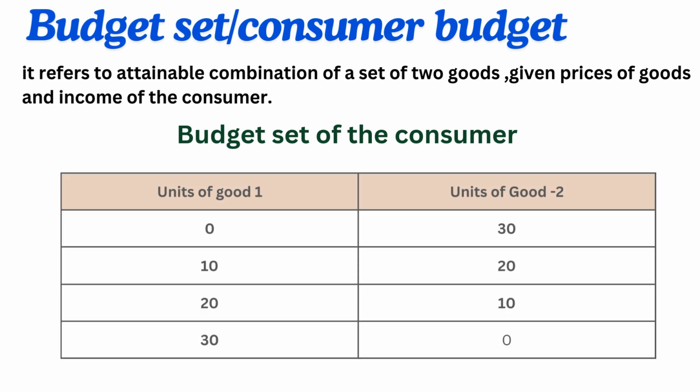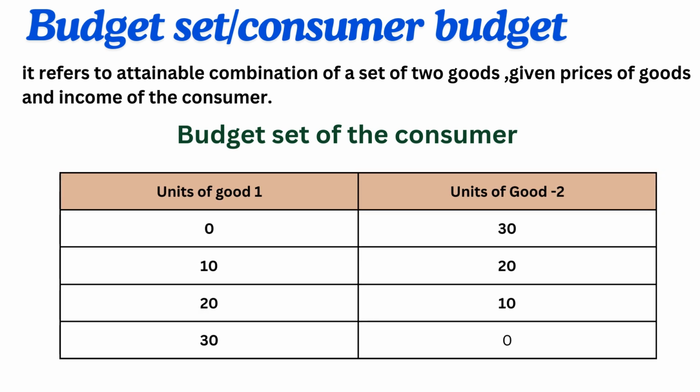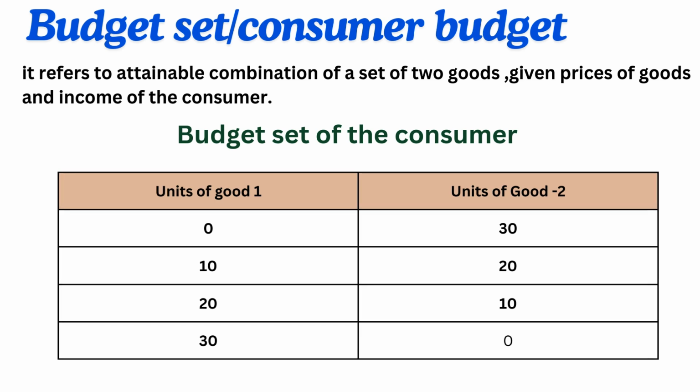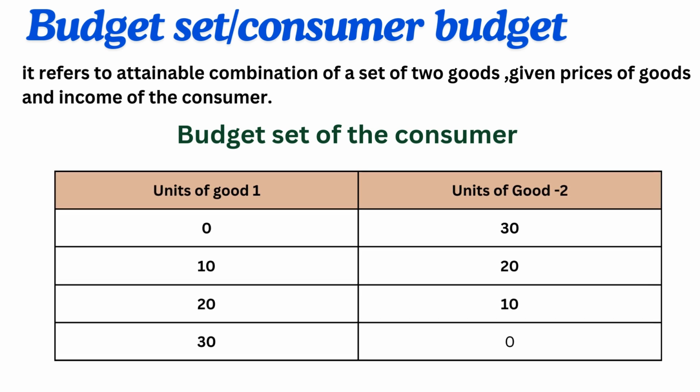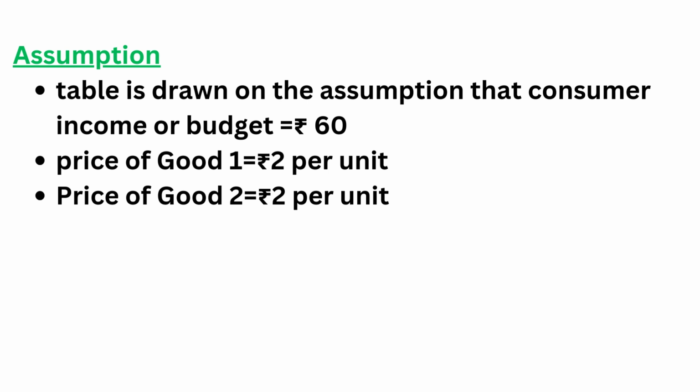So for further explanation, we will draw a budget set. On the left side, we will write the units of good 1, and on the right side, we will write the units of good 2, right? And we will also write the assumption afterwards.